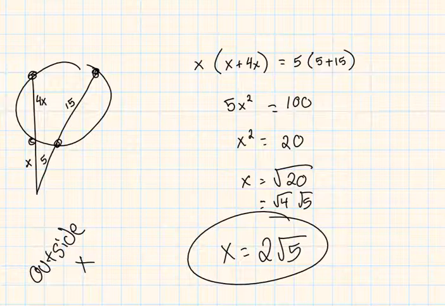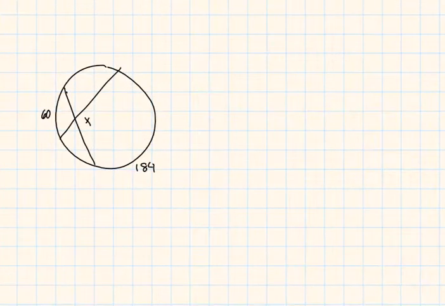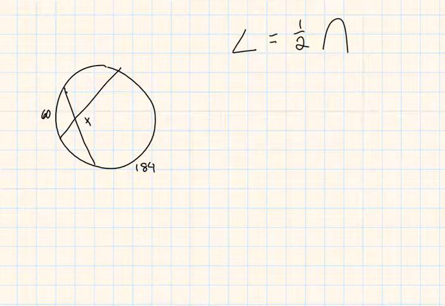Now, instead of talking about the segments, we're going to talk about the angles and the arcs. In this example, we want to solve for the variable x. So x is an angle, and we had written on the board just a rough sketch. Typically, the angle is going to equal 1/2 of some sort of sum or difference dealing with arcs.